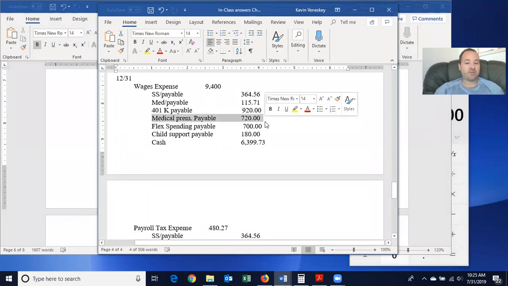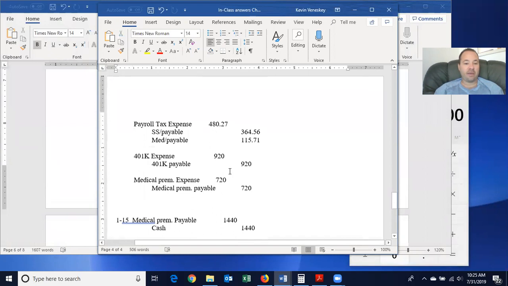Medical premiums of $720. And then we had another medical premium of $720 that we have to pay. So come 115, the two 720s added up is $1,440 that I'm getting off of my liabilities because I'm actually paying it with my cash.